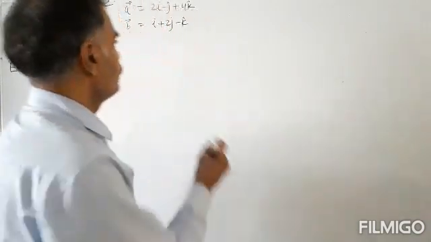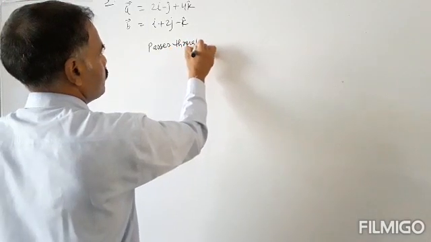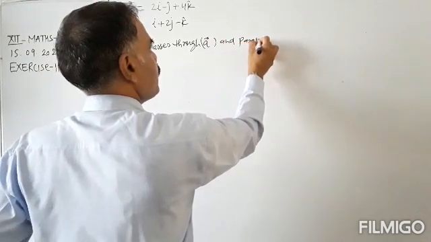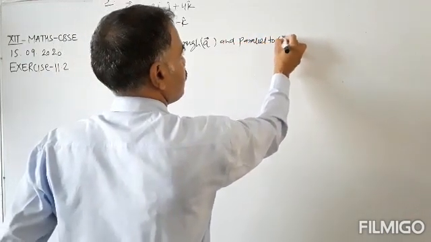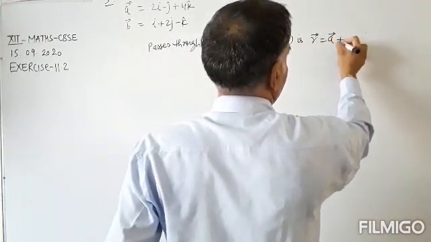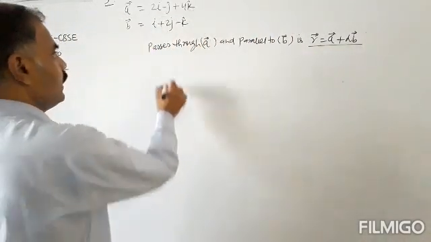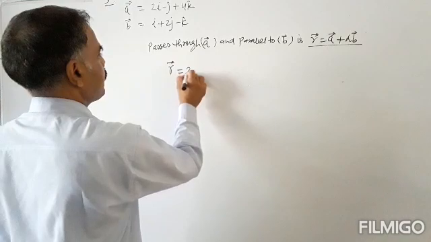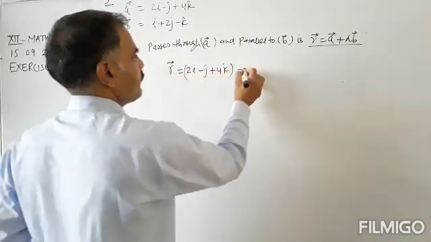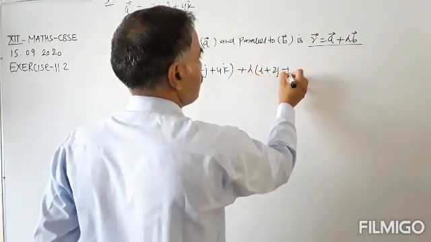The line passing through a vector and parallel to b vector is r vector equals a vector plus lambda b vector. So r vector equals 2i cap minus j cap plus 4k cap plus lambda into i cap plus 2j cap minus k cap.